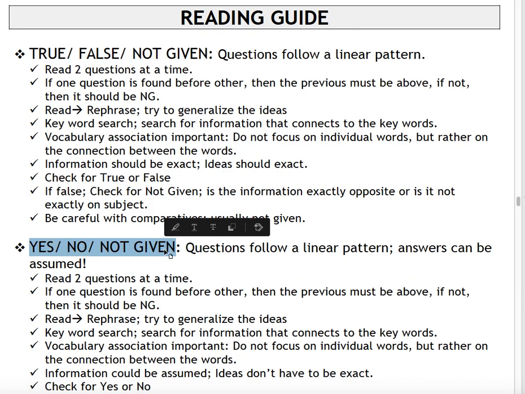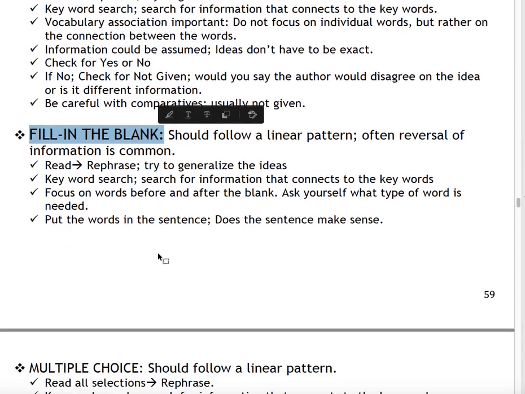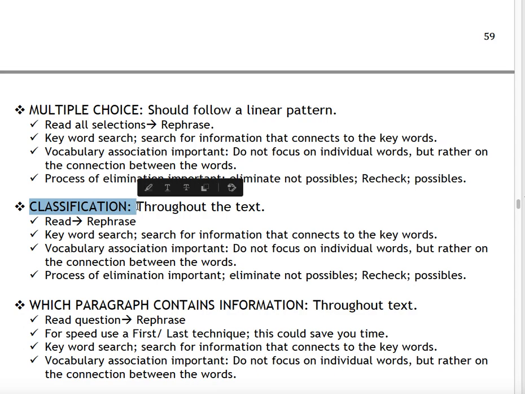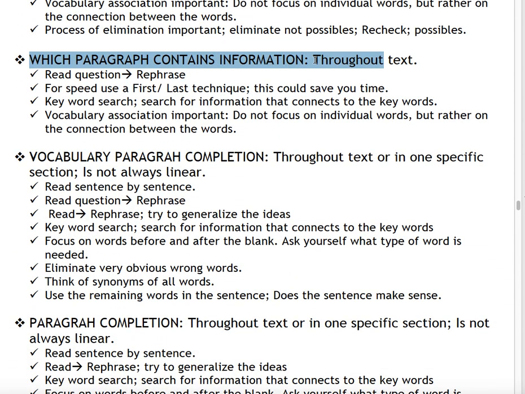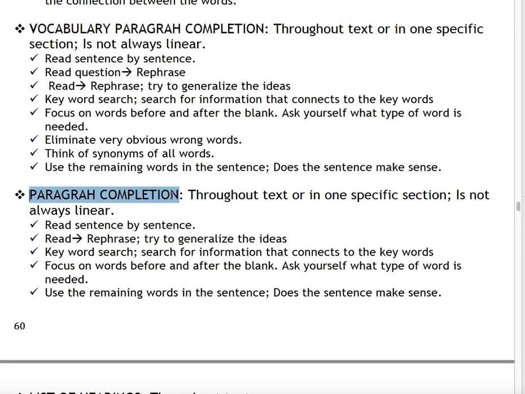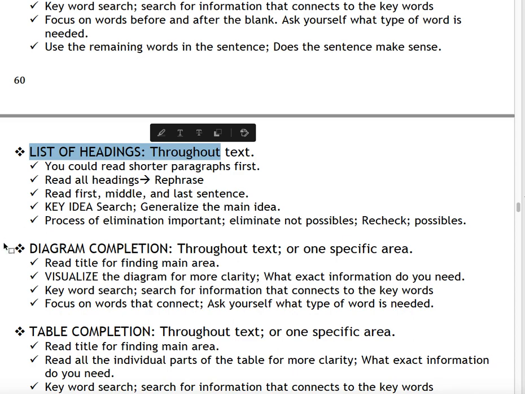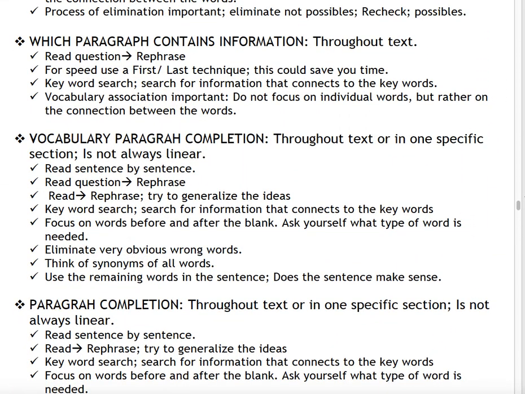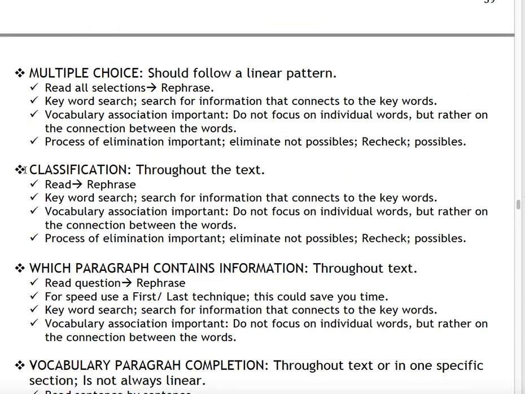We have yes, no, not given. Fill in the blank. Multiple choice. Classification. Which paragraph contains the information, vocabulary, paragraph completion, list of headings, diagram completion, table completion, and sentence completion. Different types of questions. The one that we just read, this one here, is classification.